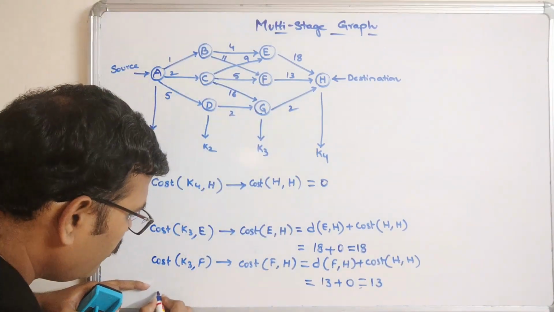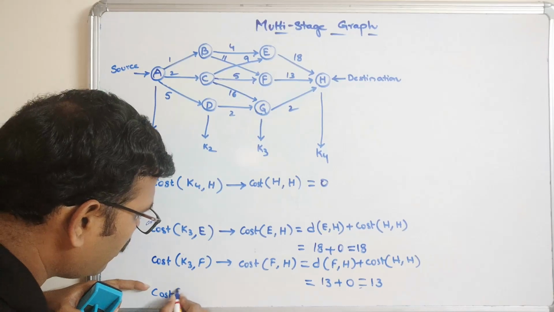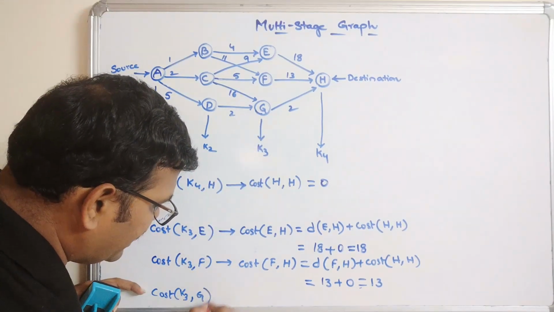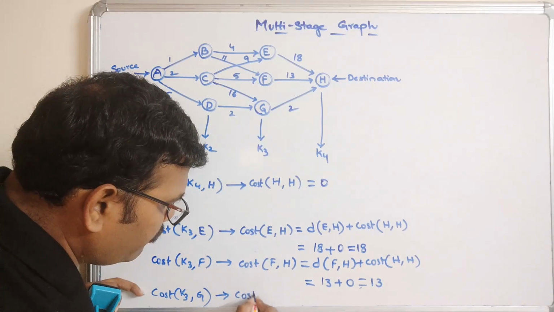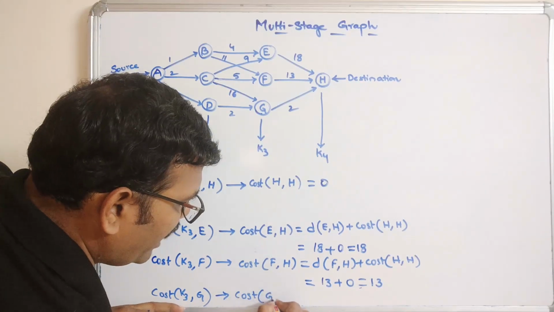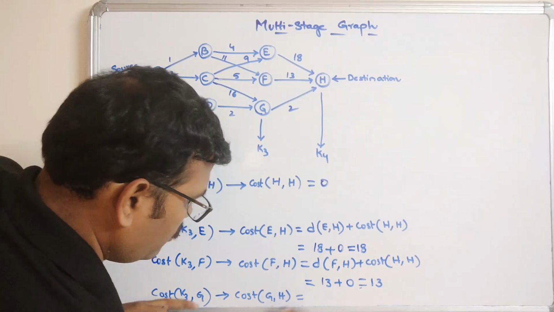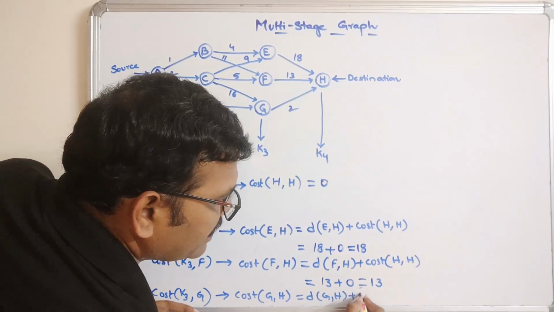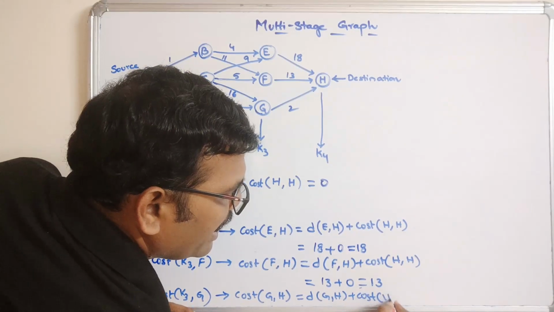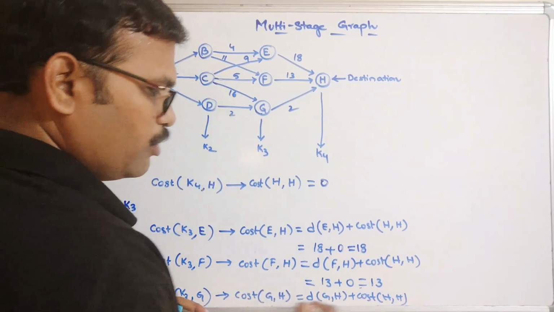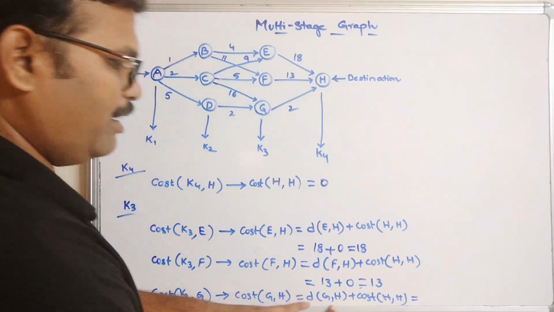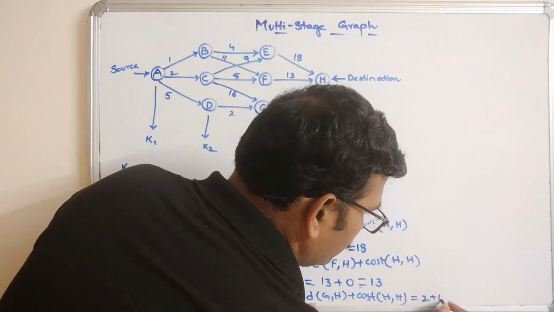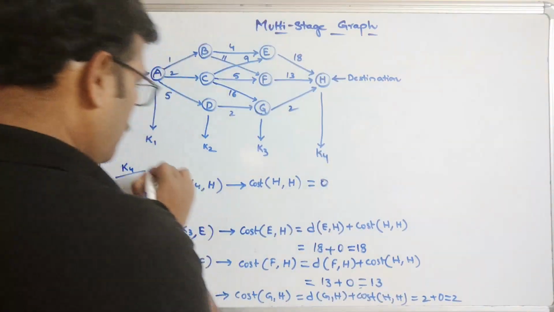Next, again we need to find out the cost of K3 comma, there is one more vertex G. So cost of G to H, which is the distance of G comma H plus cost of H to H. What is the distance of G to H? It is 2 plus 0, which is equal to 2.